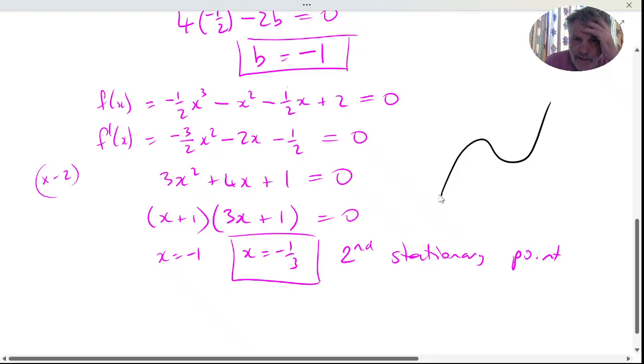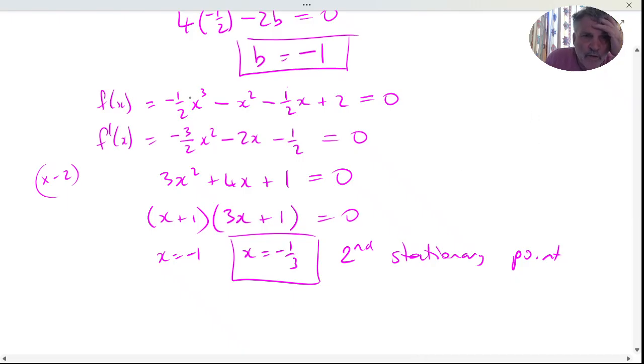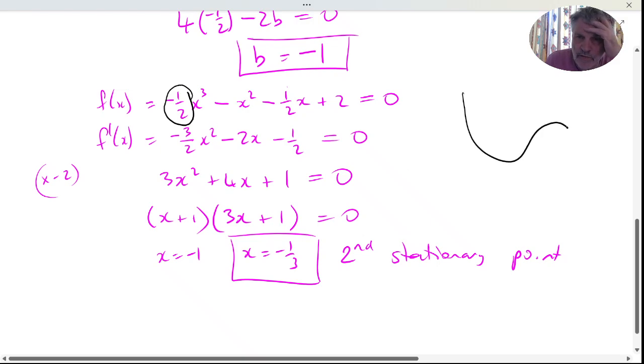This is the other case where our coefficient of x cubed is negative, so our cubic is going to look the other way. That means that we've got a minimum on the first one and a maximum on the second one. This one is at x equals -1, and this one's at x equals -1/3. So this is going to be a maximum.